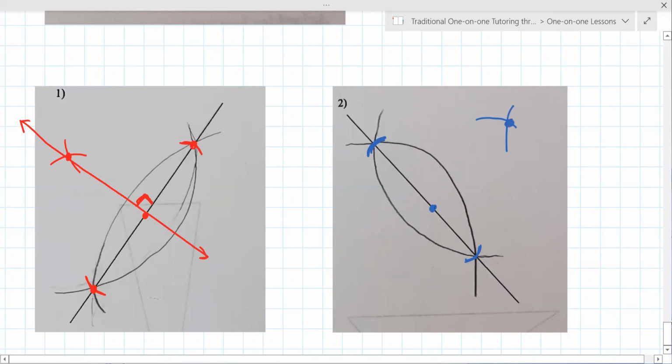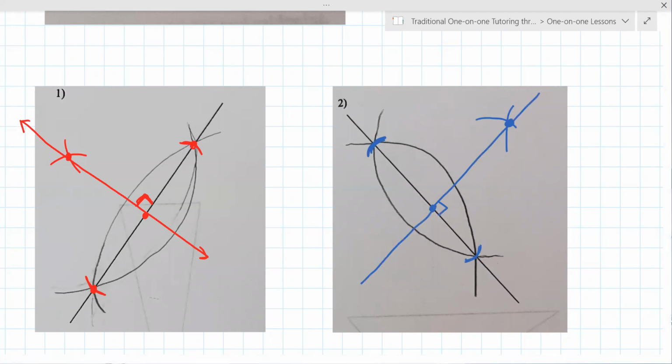And wherever they intersect, you draw a line through there. It's essentially the same thing. They're just doing different directions on the lines.